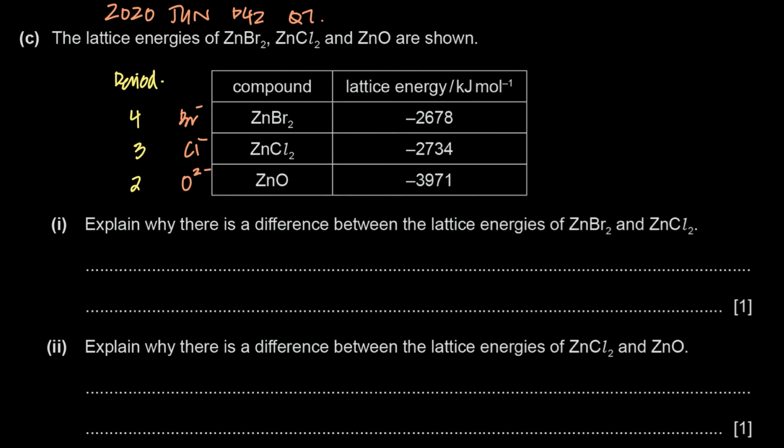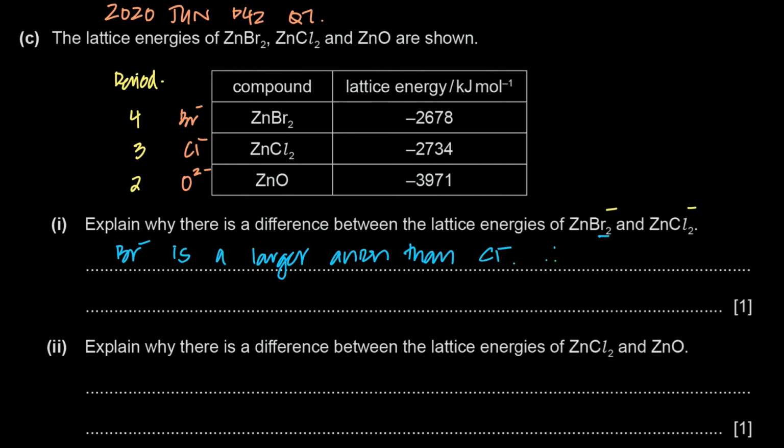So when there's a difference between bromide and chloride, the charges are the same in both of them. The only difference is the size, basically. And so you can use one to explain the other. So here, if you start with bromide, you'll say Br minus is a larger anion than chloride.